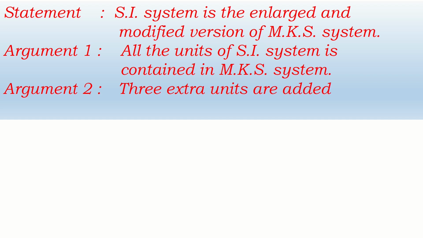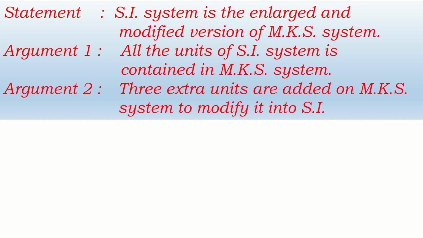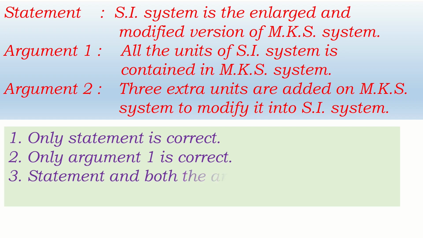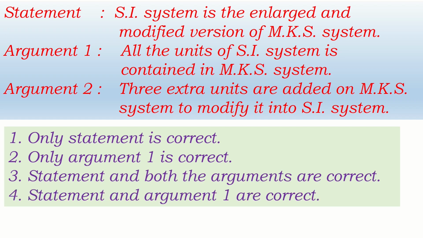And argument 2: 3 extra units are added on MKS system to modify it into SI system. Now, after understanding the statement and arguments, you have to select one of the options. Only statement is correct. Only argument 1 is correct. Statement and both the arguments are correct. And statement and argument 1 are correct. Now, which option is correct?